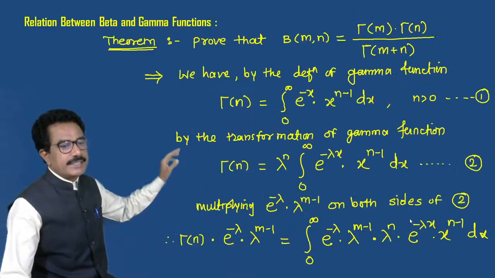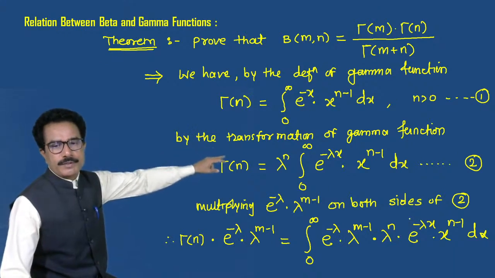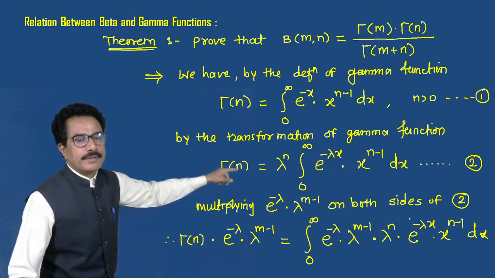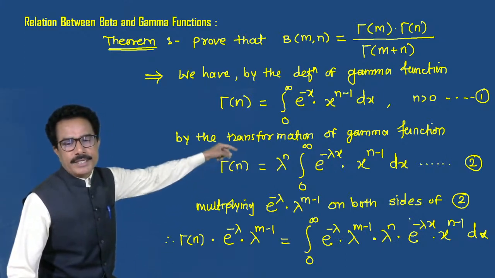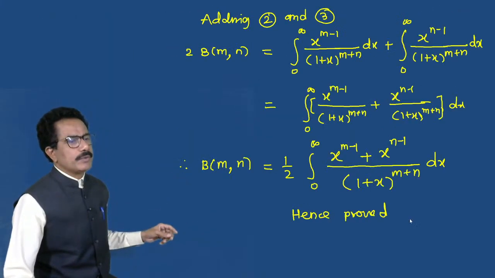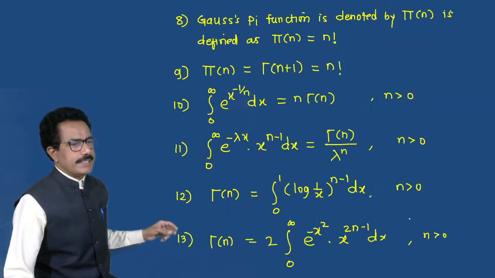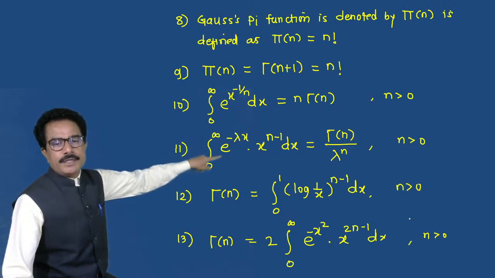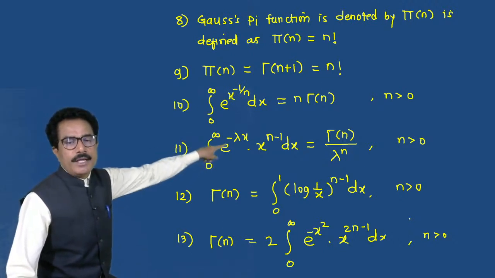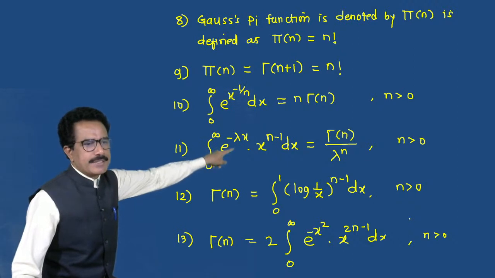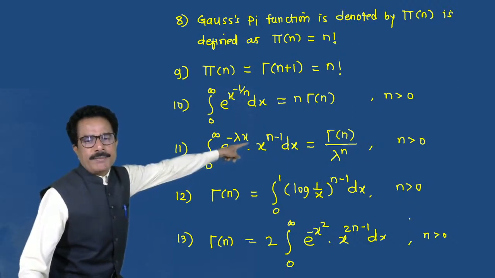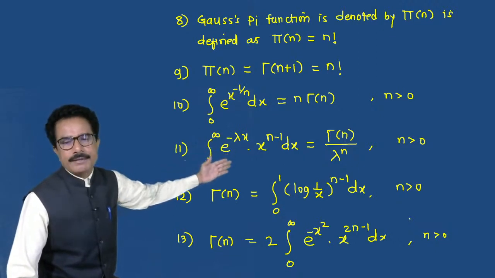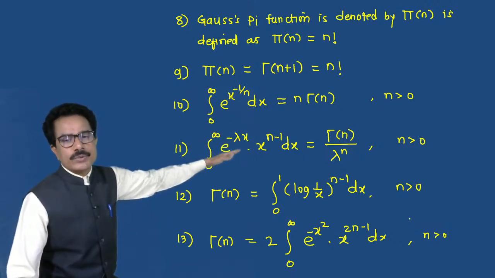As like this, this is the property which we have to use. I am going to prove this here: integral from 0 to infinity e raised to minus lambda x into x raised to n minus 1 dx, that can be written as gamma n divided by lambda raised to n.